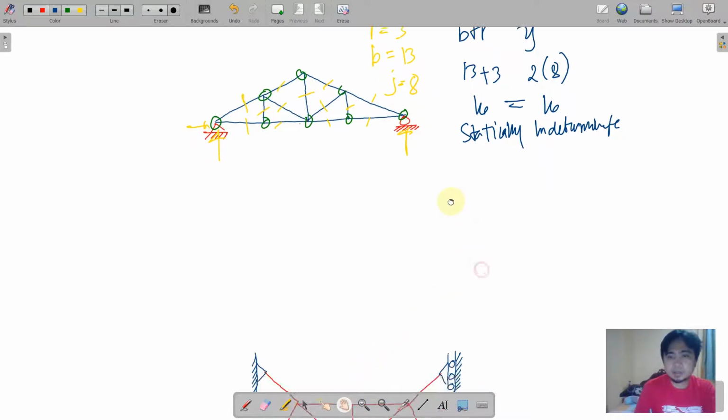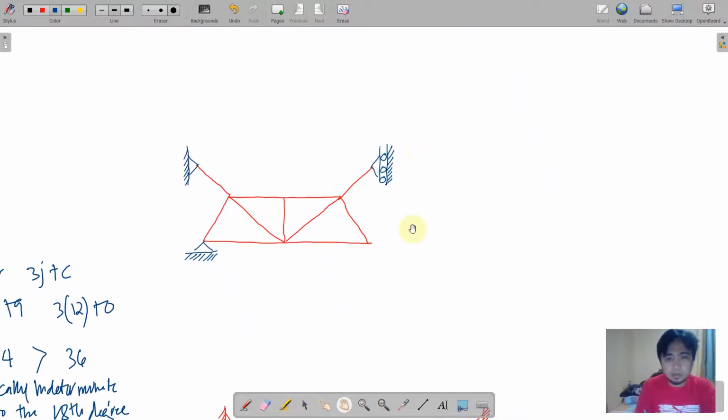So next, another truss here. So we're going to count the reactions here. We have 2 for the pin, another 2 for this, and a single reaction for the roller. So the total number of reactions, we have 1 plus 4, that is 5.